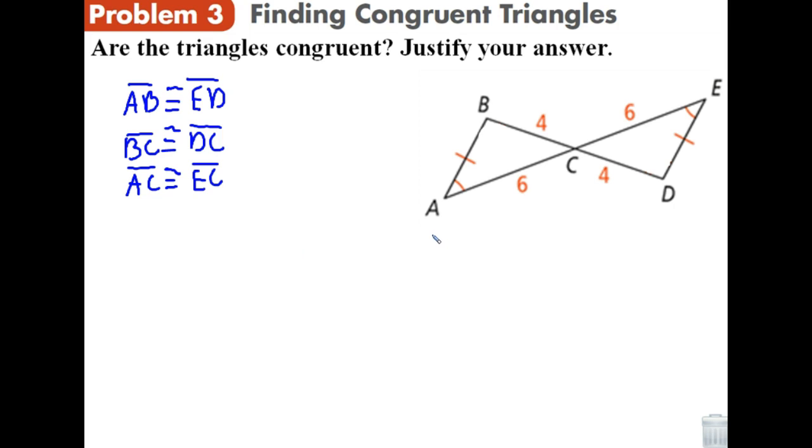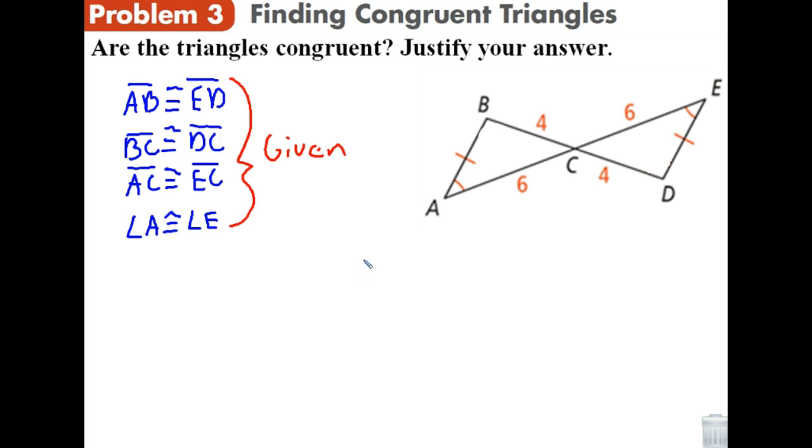Then I'm also given one of my angles. I'm given that angle A is congruent to angle E. And how do we know all that? Well, that is all given to us in the picture. Yes, we've got all three sides right off the bat and one out of the three angles.